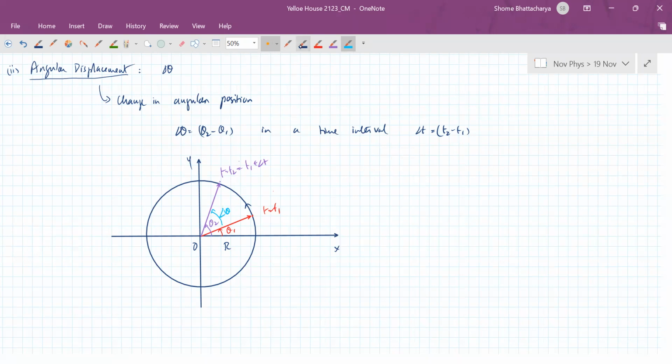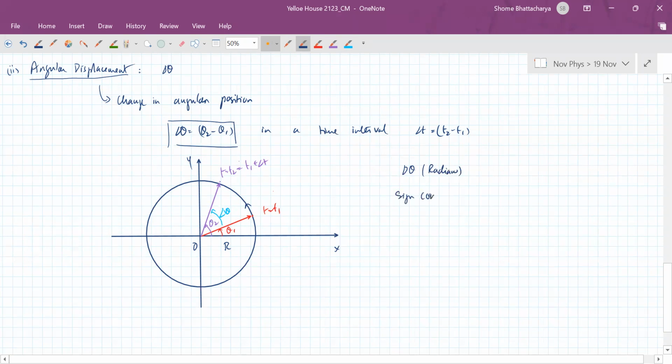So delta theta is equal to theta 2 minus theta 1. Delta theta is also expressed in radians. It also has the same sign convention. Anti-clockwise is positive, clockwise is negative.